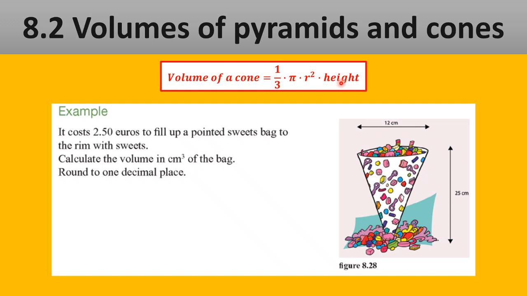What is going to be my base here? Well, that's going to be this circle here in the top. How can I calculate the area of this circle? Well, it's going to be pi times r squared. What is r right here?